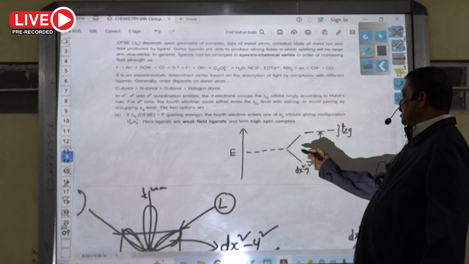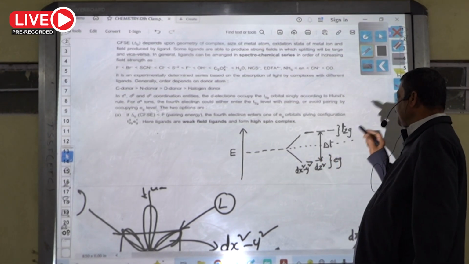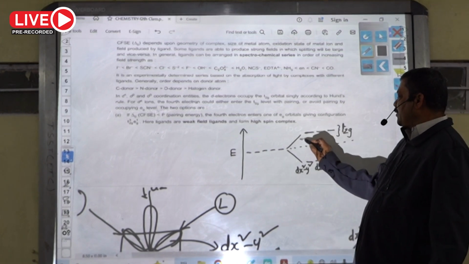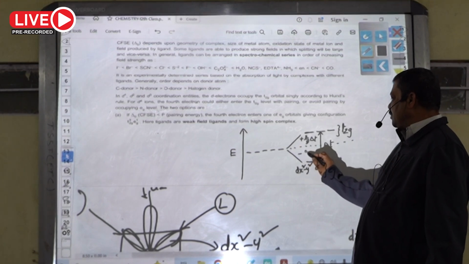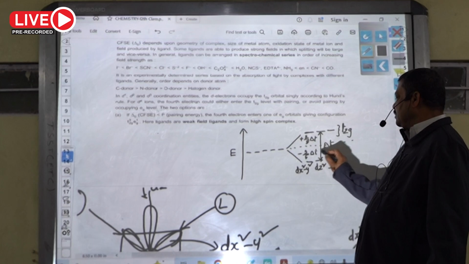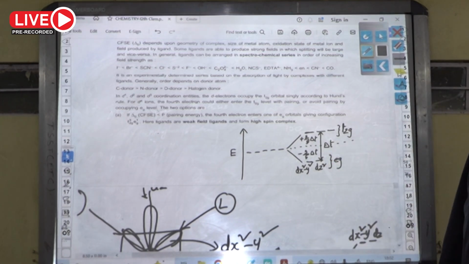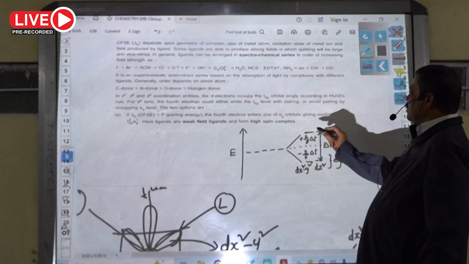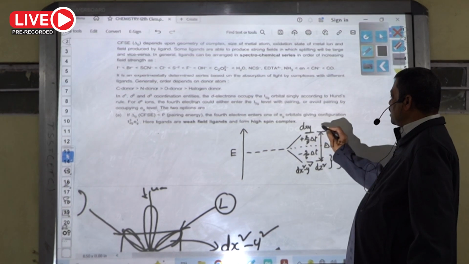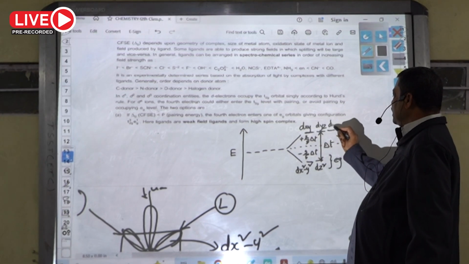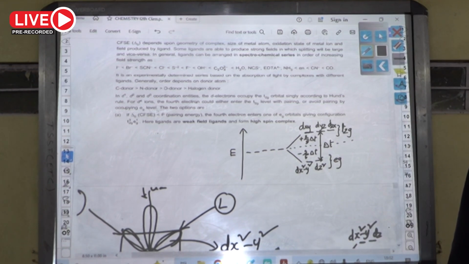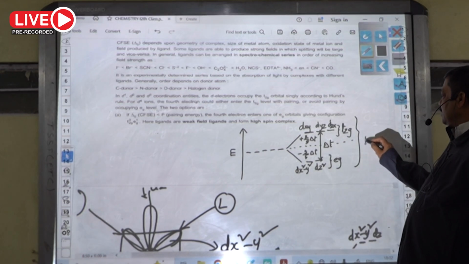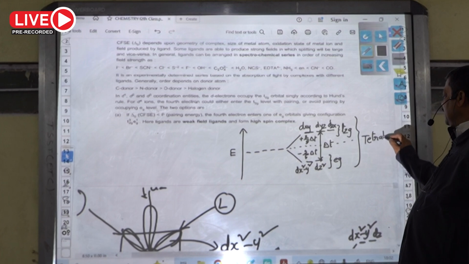So, this is the barycenter or average energy. This is plus 2 by 5 delta T. This is minus 3 by 5 delta T. So, you may ask me, why dxy, dyz, dzx, why these are having higher energy in tetrahedral field? This diagram is related to tetrahedral field.